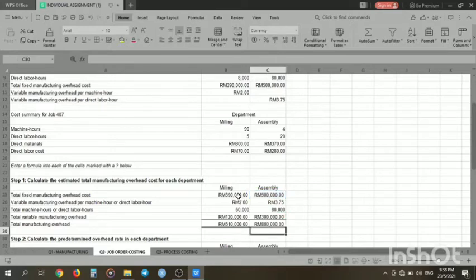And we got the amount for milling 510,000 ringgit, and for assembly 800,000 ringgit.